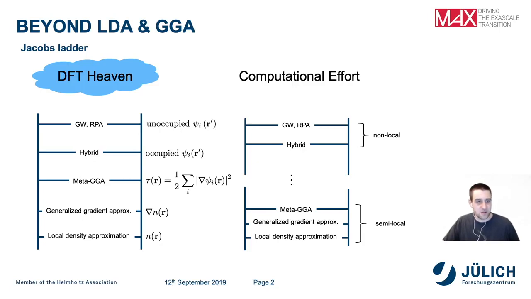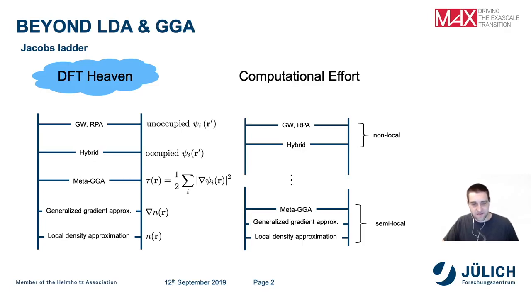And if you then go to the non-local exchange correlation functionals, they will depend on the whole system or parts of the whole system. So for the hybrid functionals, we are also interested in the occupied wave function at different locations R prime. But there's also another reason to make these two groups. And that is that the first three, so the LDA, GGA, and the meta-GGA, have more or less the same computational demand.